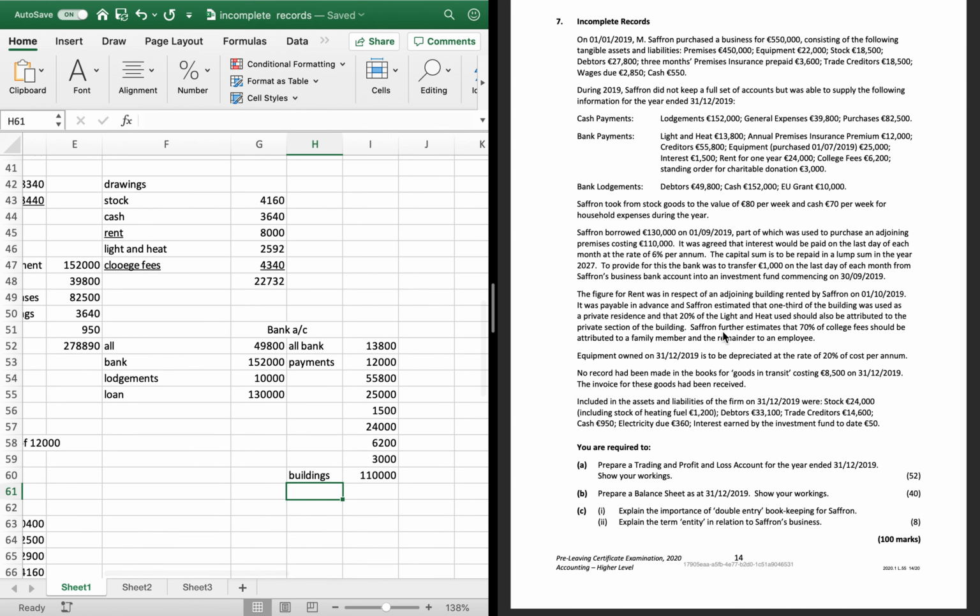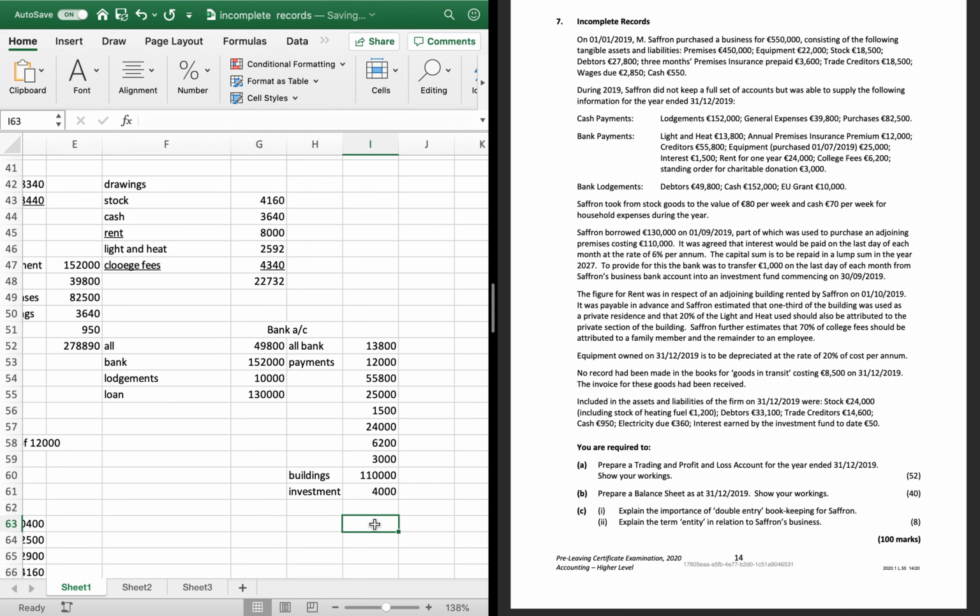Because that will come out of the bank account. But we know he's transferred 1,000 a month for 4 months, so that's 4,000 in there. So that should be all of our bank. So it's all your lodgements on one side, plus your loan, and all your payments, plus your investment fund on the other side.